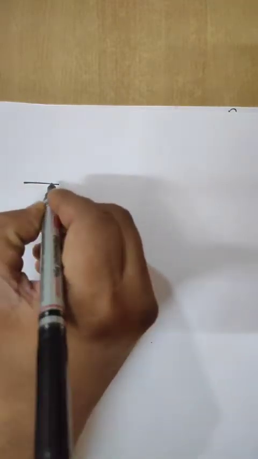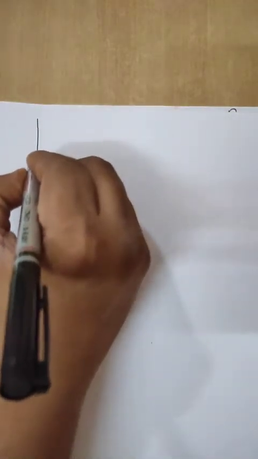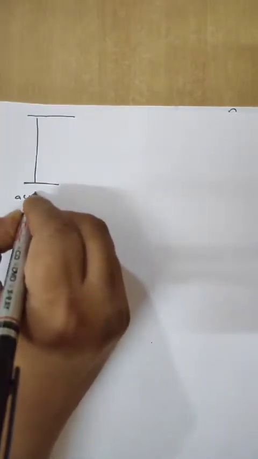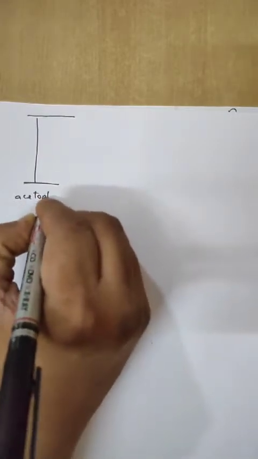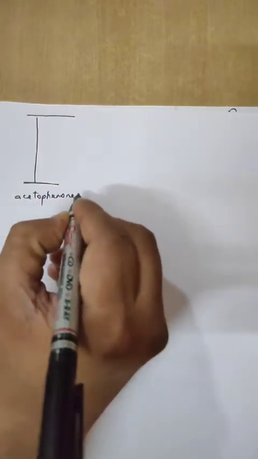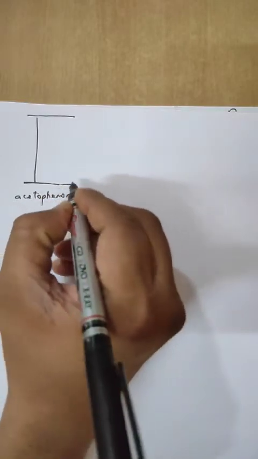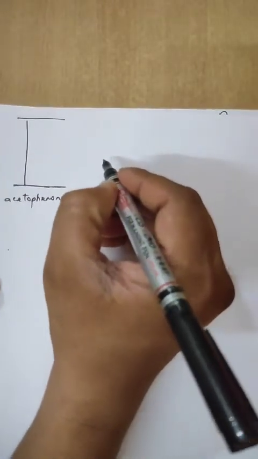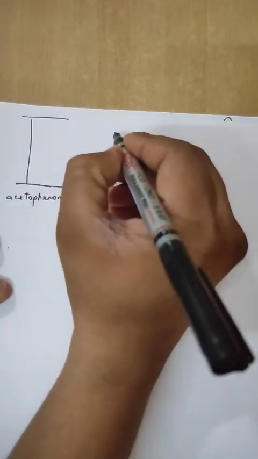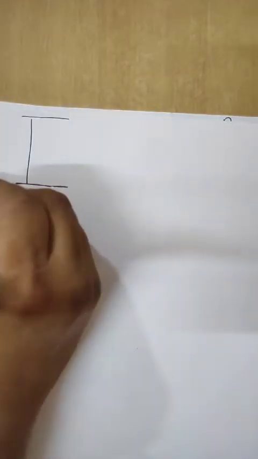For example, if you have acetophenone, now this is the S0, this one is S1.